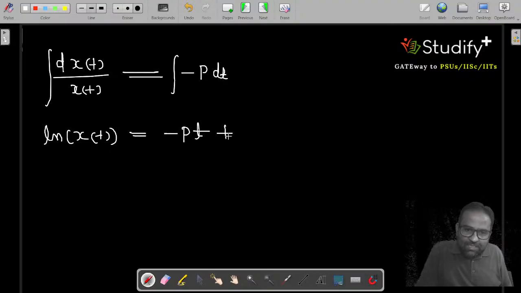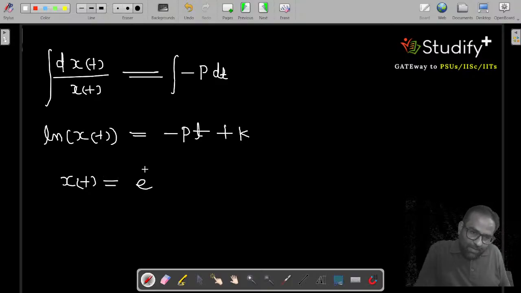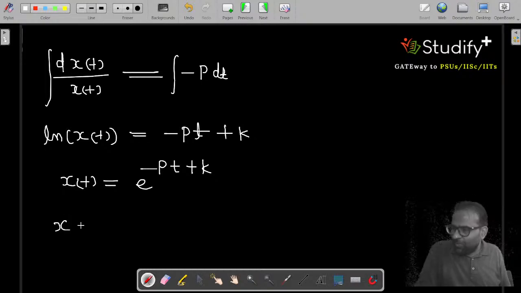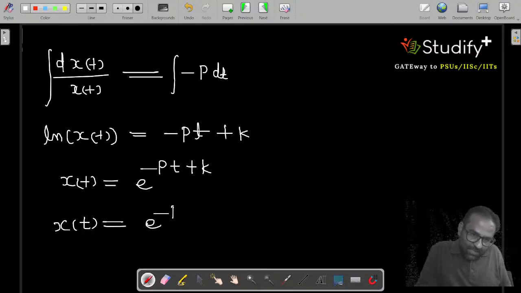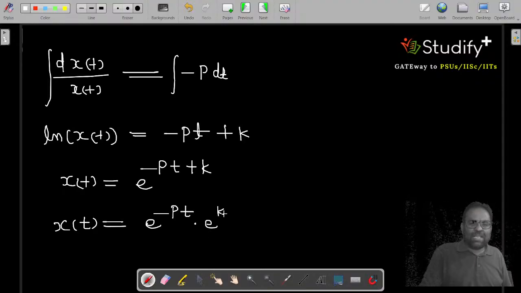As this is an indefinite integral, I am using one constant k. Taking the antilog, x(t) is equivalent to e to the power minus pt into e to the power k, and e to the power k is another constant.